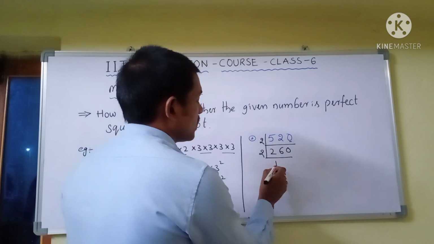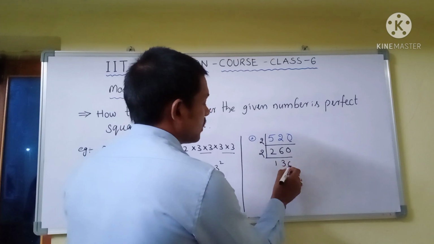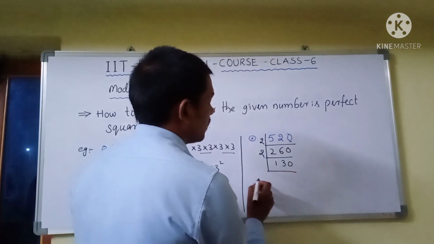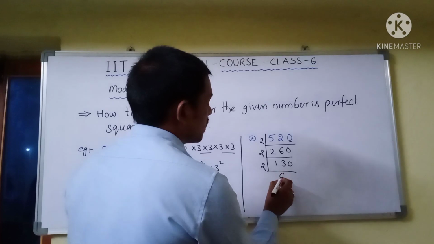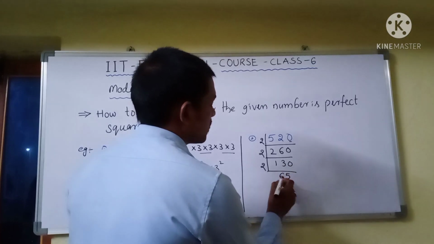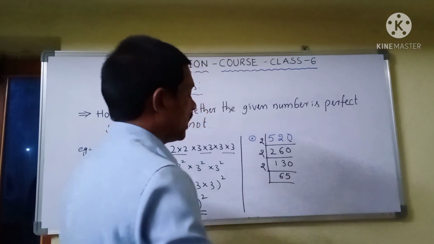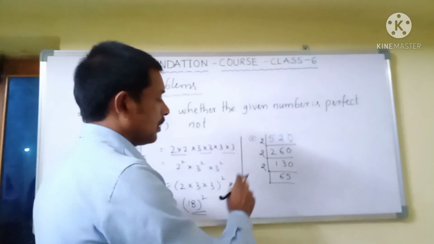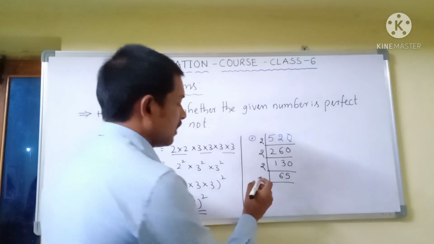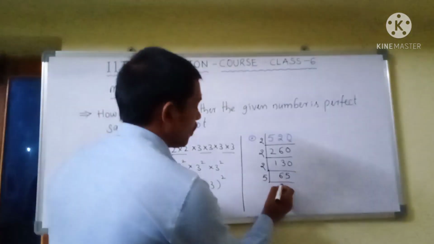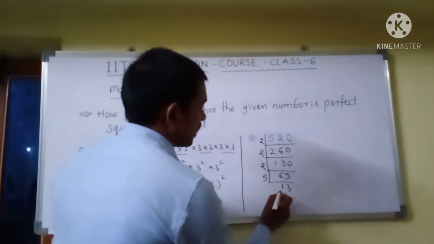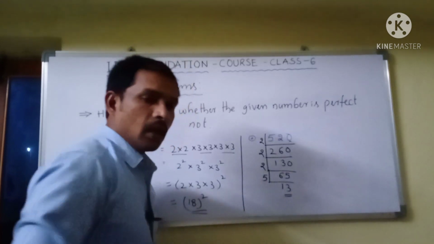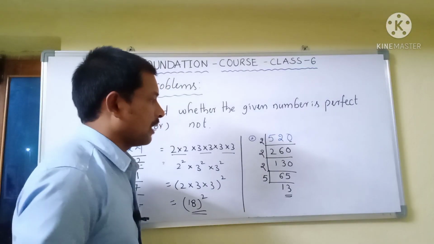So 2 1s are 2, 2 3s are 6, and 0. Again you can divide by 2. So 2 6s are 12 and 2 5s are 10. Then 6 plus 5 is 11, you can't divide by 3. You can divide by 5. So 5 1s are 5, 5 3s are 15. So 13 is a prime number.